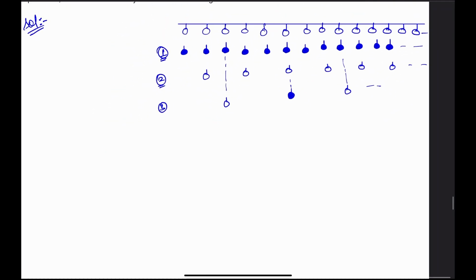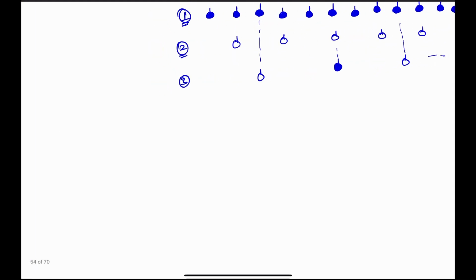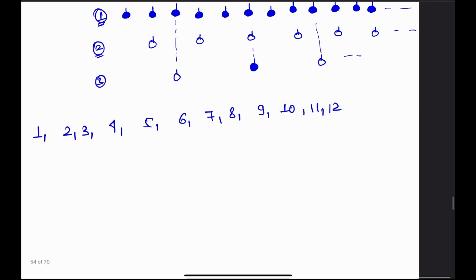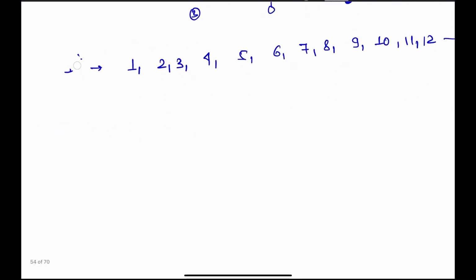Right now we have written it in pictorial form. Let's write it numerically. The first person is changing the state of every bulb. Let's write the serial numbers of the bulbs whose state each person changes.